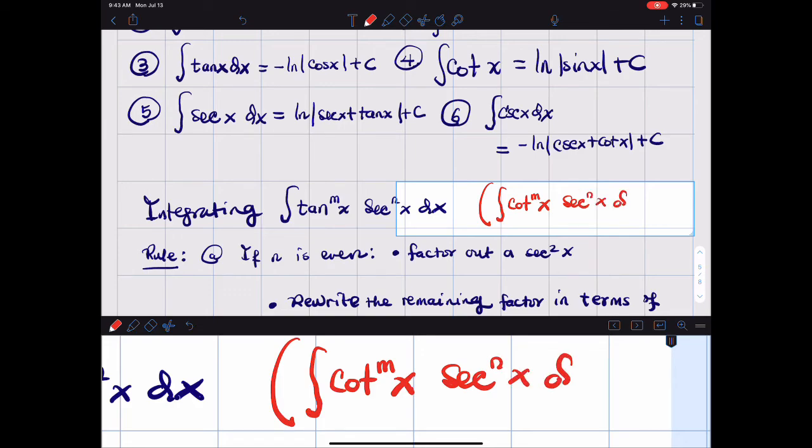I have to maintain one convention of reading this out, right? Cotangent x to the power of m, secant x to the power of n. This same trick can be applied.